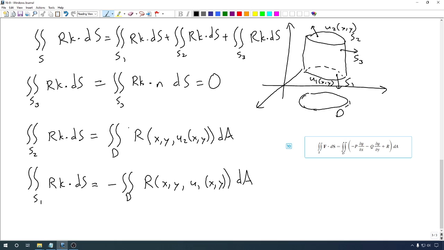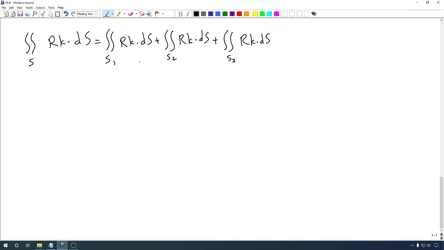And so we can go ahead and combine those all together. Actually, let's put that on another page. So here, this one is 0, so it'll go away. This one turns into the double integral over D of R of x, y, u2 of x, y. Now we could just close the integral right now if we wanted to, but this one is going to be an integral over D as well, so we could just combine those integrals.